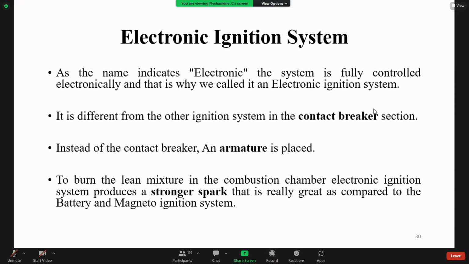Up to this point, do you have any clarification? Battery and magneto ignition system? Anyone? Students, please respond. Do you have any clarification? No, ma'am. Okay.